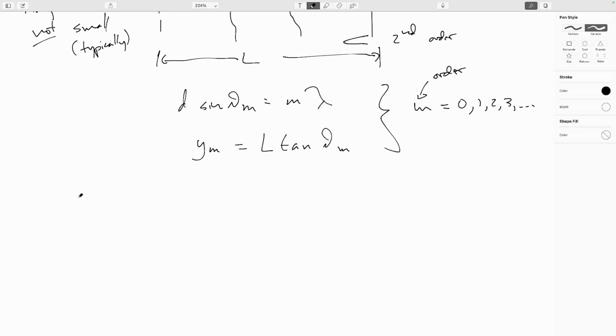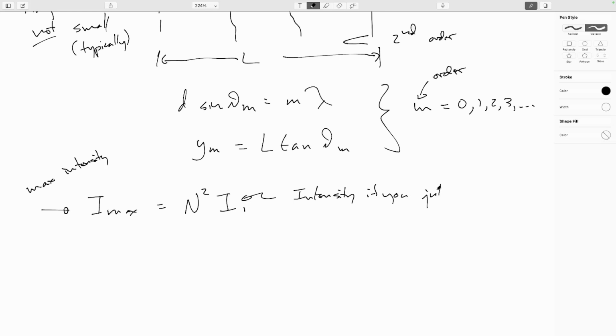But what we can argue in a more advanced treatment is that the maximum intensity of the peaks of the spectral lines that we see goes as N squared times the intensity you would have if you just had one slit, and N is the number of illuminated slits.